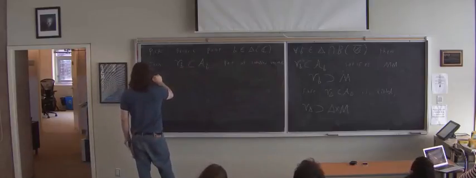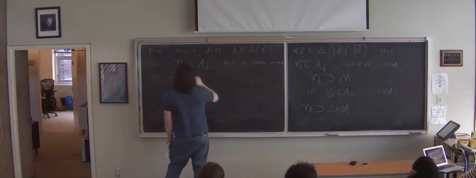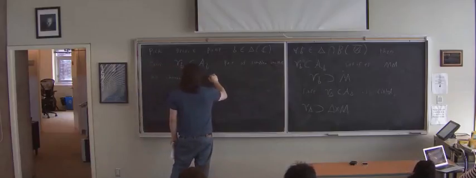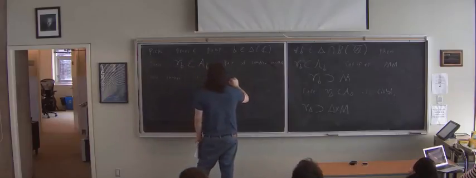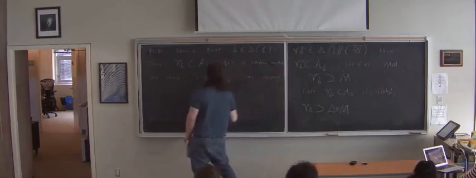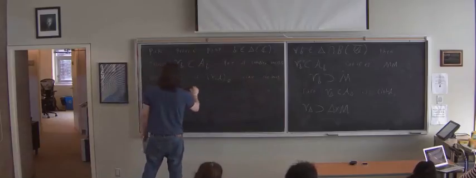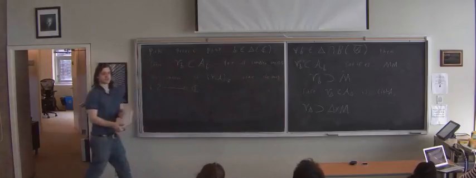It is the base change of V_A over R under the map B, which sends R to the complex numbers, right?